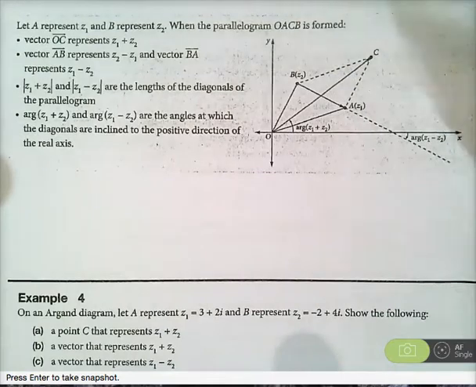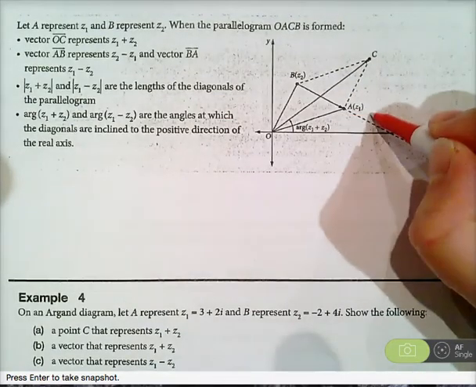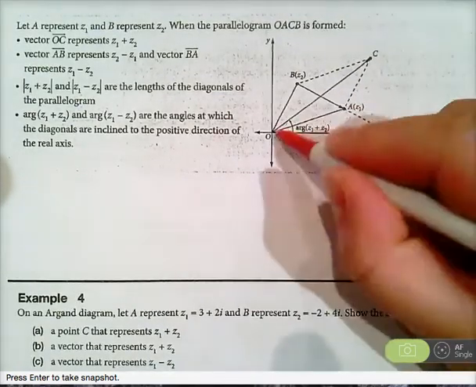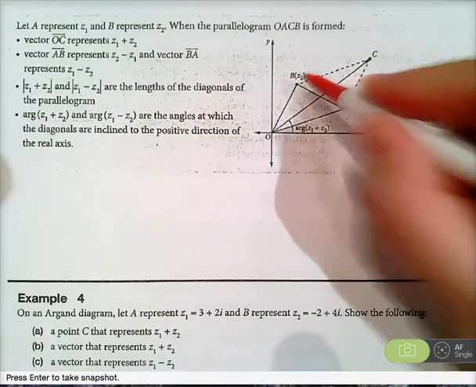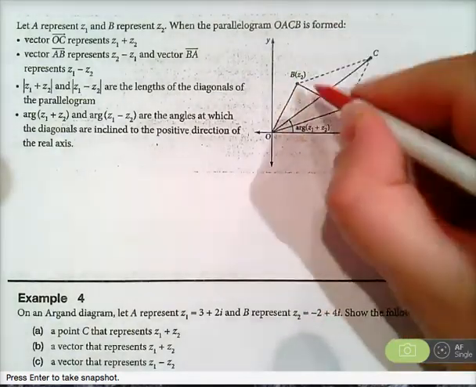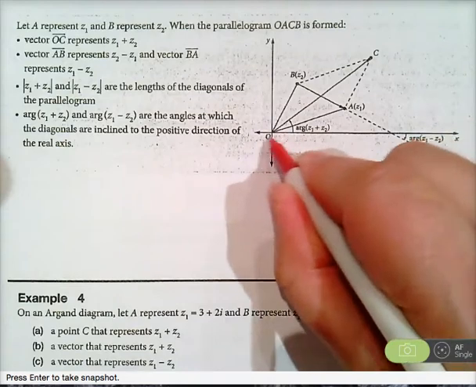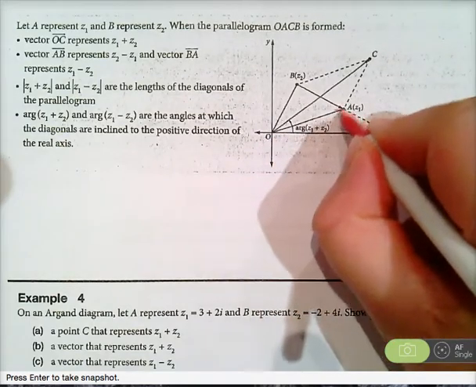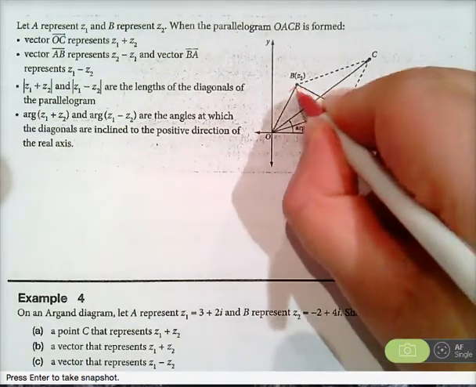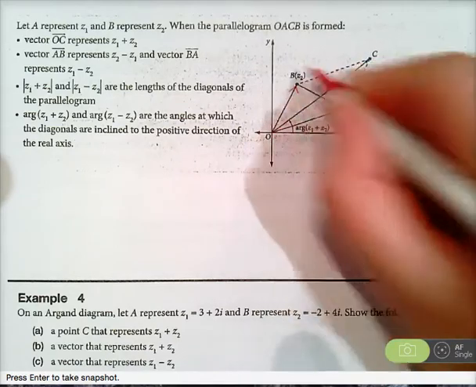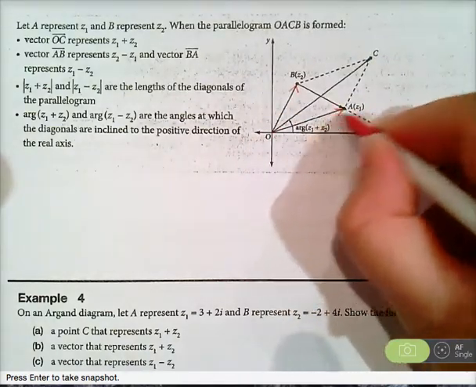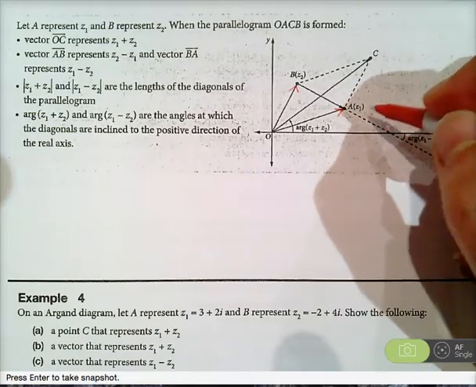Now it says let A represent Z1 and B represent Z2. Now when we use the parallelogram method, so A is Z1, we've got our arrow going this way, and B is Z2. So the vector OB represents Z2, the vector OA represents Z1, okay?